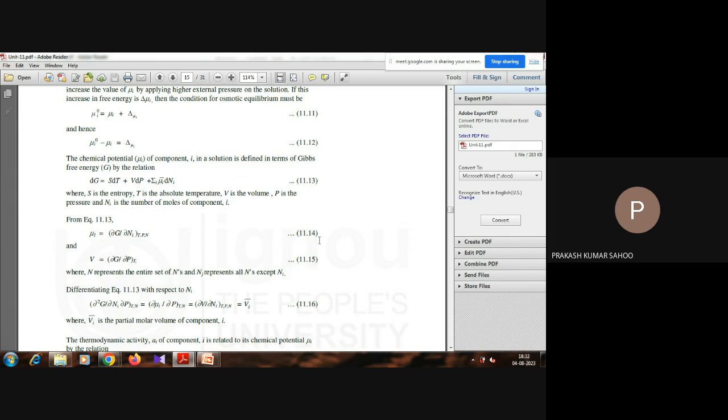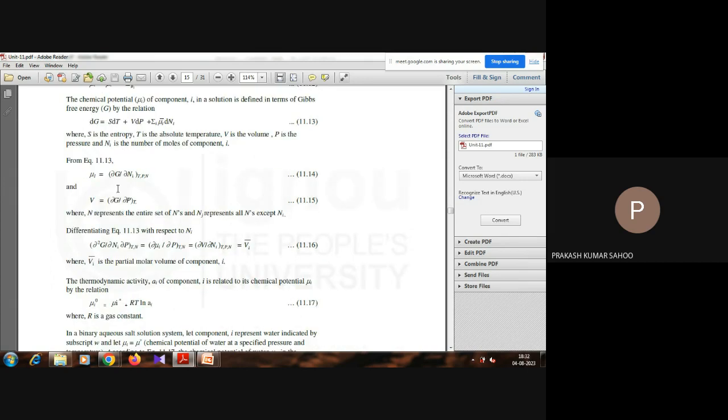Then we have, as I already told you, that chemical potential is change in free energy by change in number of moles at constant temperature, pressure, and other components. So from this equation, what will be the equation for V at constant temperature? At constant temperature, the dT becomes 0. So S dT is 0 now.